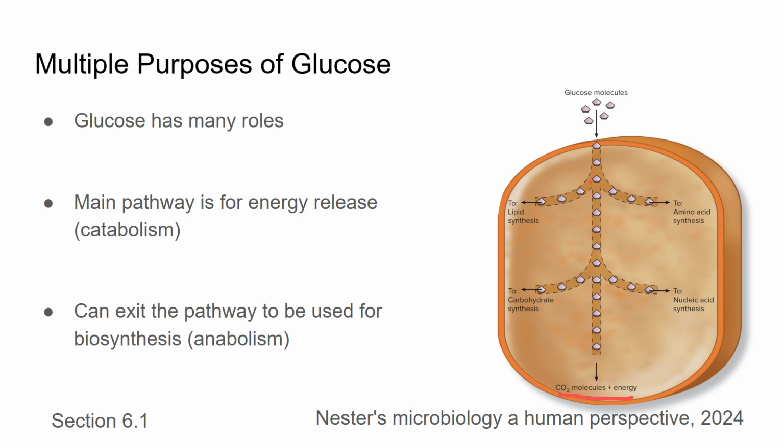But it could also branch off to create lipids, things like triglycerides and phospholipids. It could also branch off to create amino acids if the cell needs, make different types of carbohydrates, or make nucleic acids.